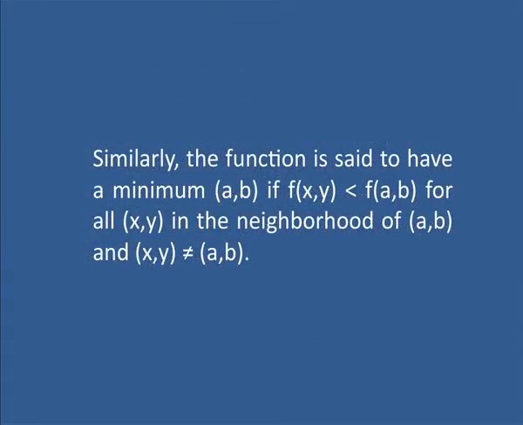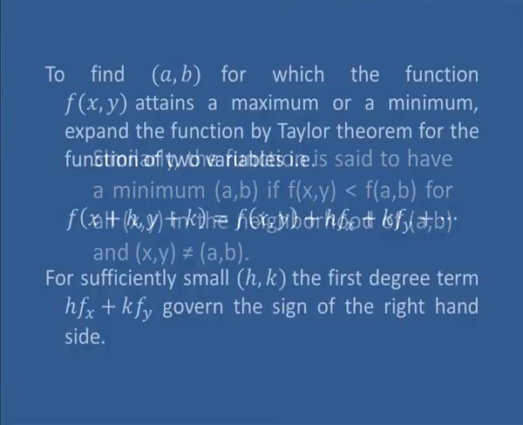Similarly, the function is said to have a minimum at (a, b) if f(x, y) is greater than f(a, b) for all (x, y) in the neighborhood of (a, b) and (x, y) is not equal to (a, b).